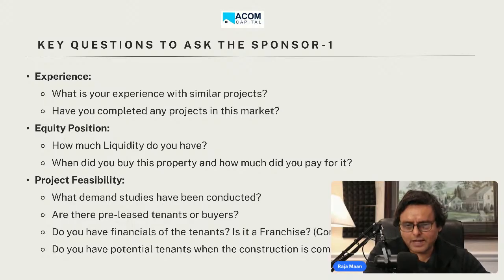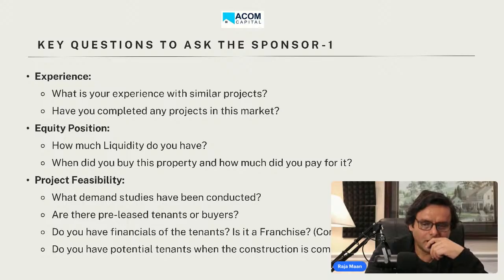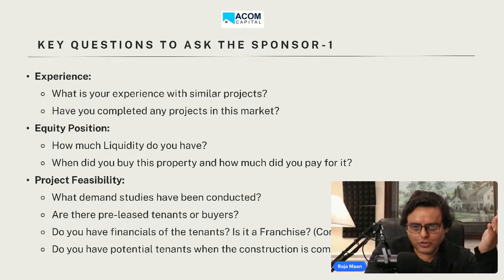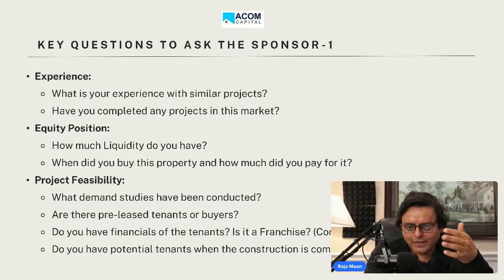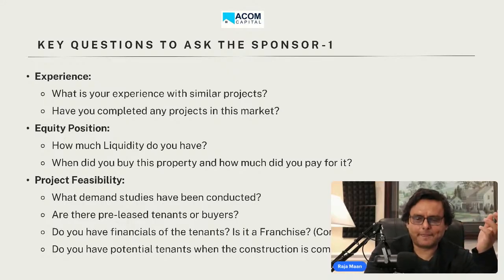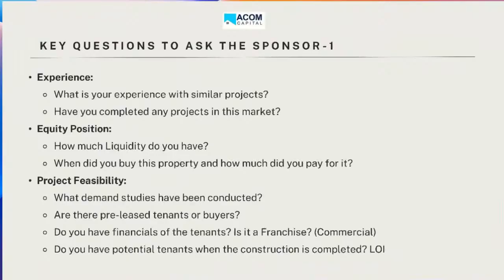Then your application is going to be stronger, and you can get more loan to cost, versus if you have no tenants, or tenants with really bad credit, no franchise, no experience. It doesn't make the application stronger. Do you have any potential tenants for when the construction is completed?